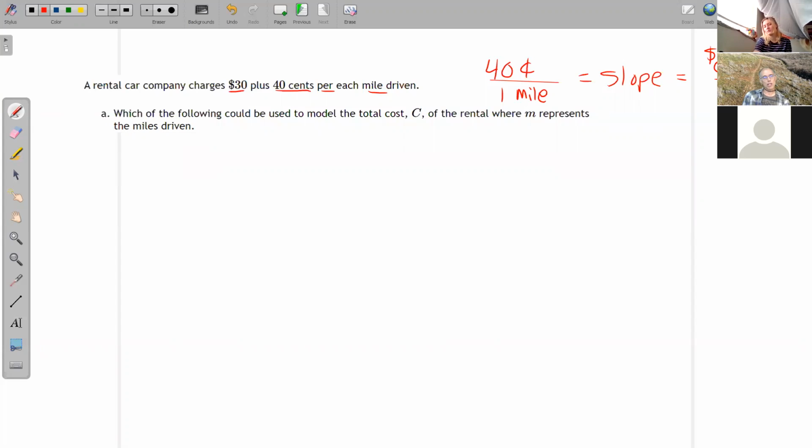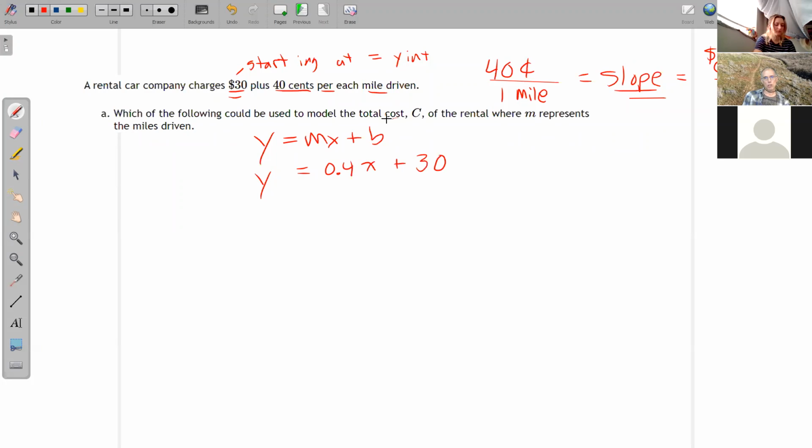And so the 30, regardless of whether I drive 1 mile, 2 miles, or no miles, they're going to charge me $30. So that's my starting point. All right, so starting at, which is the y-intercept. So thinking about the whole y equals mx plus b thing, when we have slopes, if I used y, I think it would be y equals 0.4 times x plus 30.